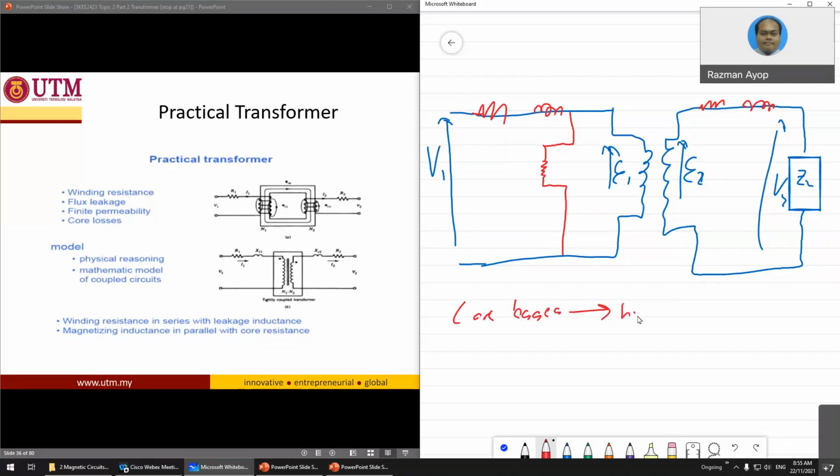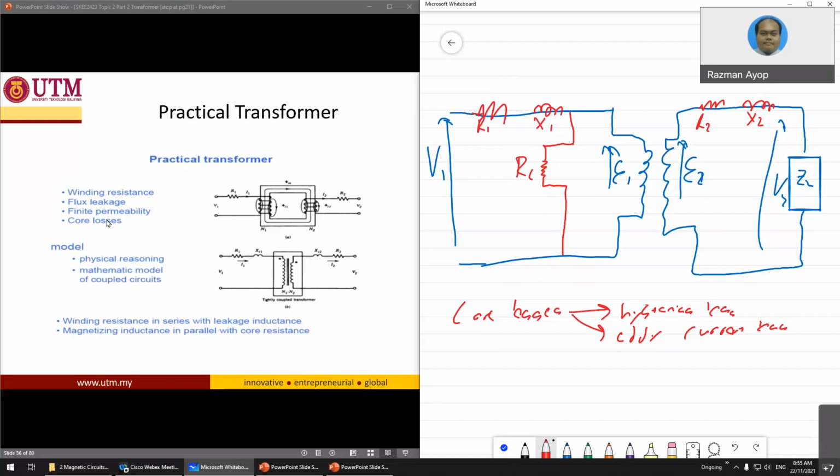You remember you have hysteresis loss and eddy current loss. This loss, you can represent it here. So this one is R1, this one is X1, this one is R2, this one is X2, this one is RC, the core resistance or core losses.